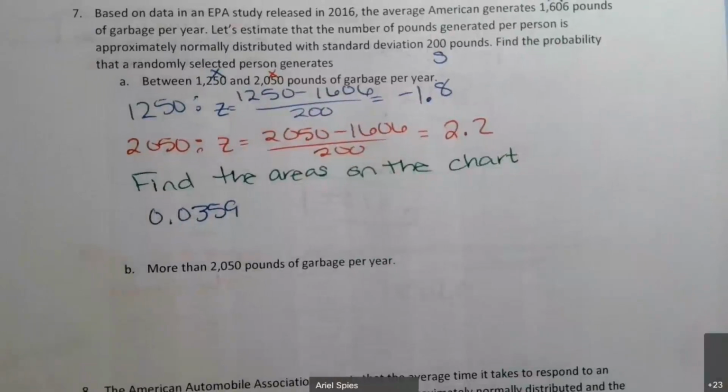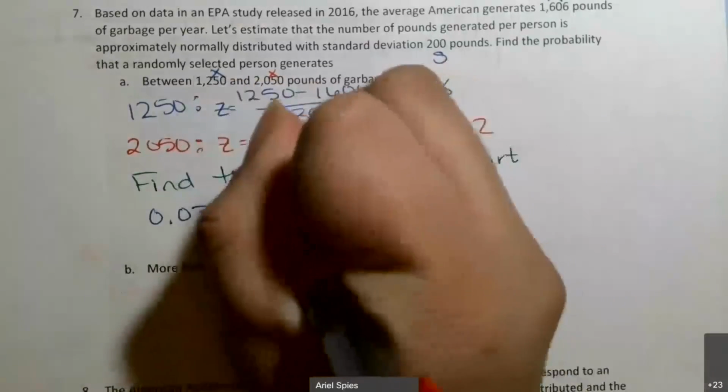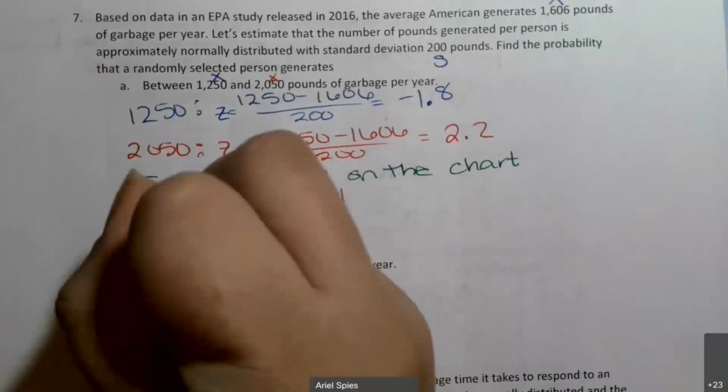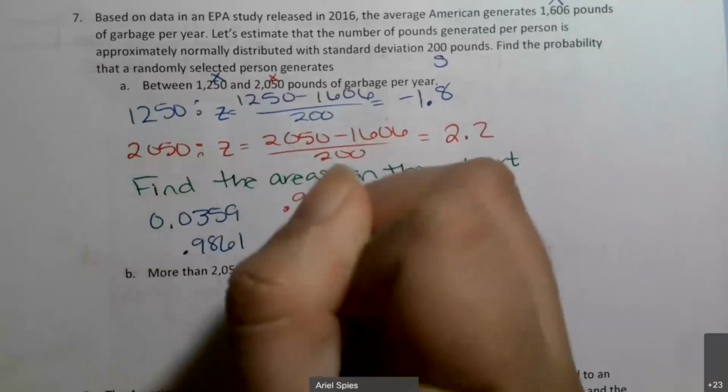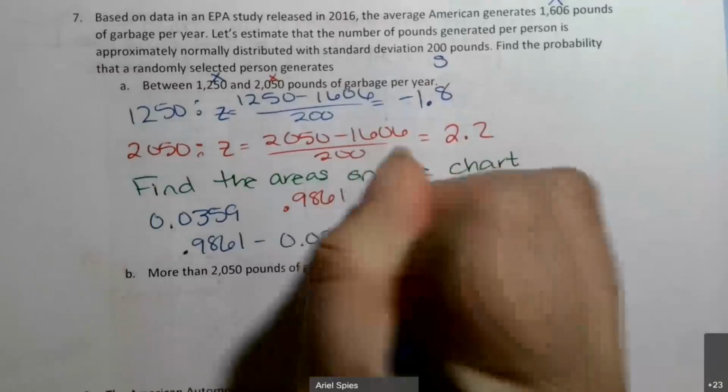And if I'm looking for my 2.2, that one on the chart is 0.9861. So because I'm between two data values, I want to go ahead and subtract to find the difference between them. So I'm going to do the 0.9861 minus the 0.0359.